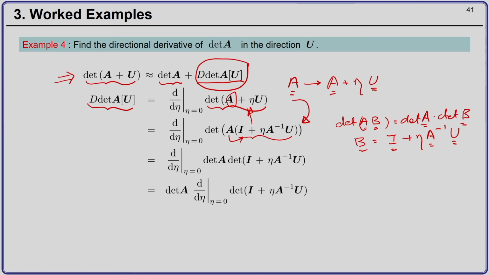So, when we invoke this relation, we can write determinant of A into determinant of I plus eta A inverse u.